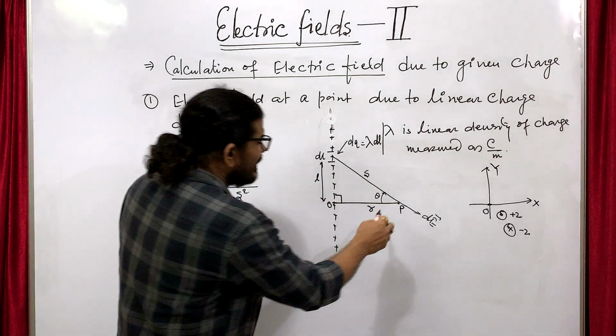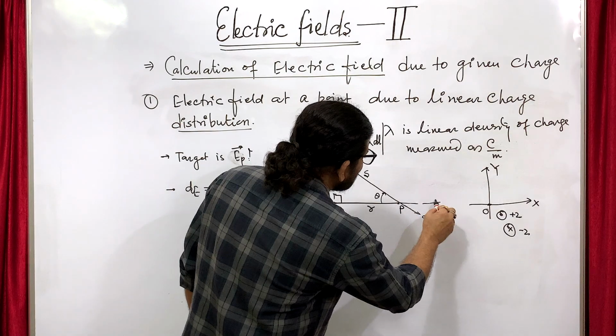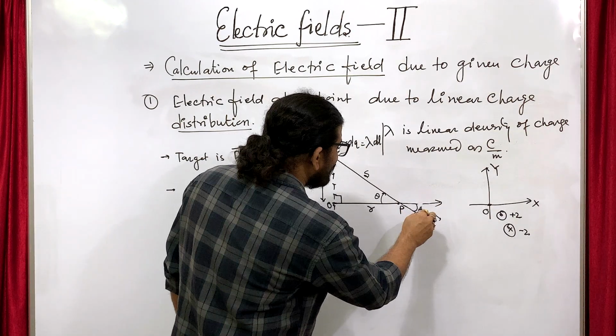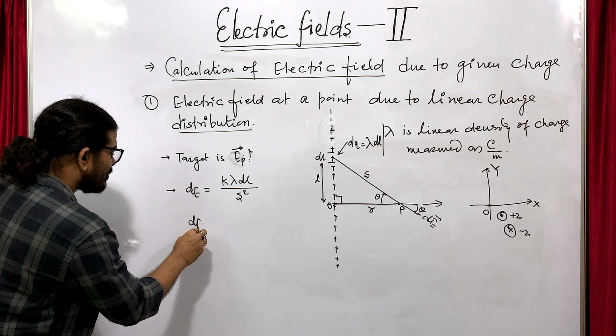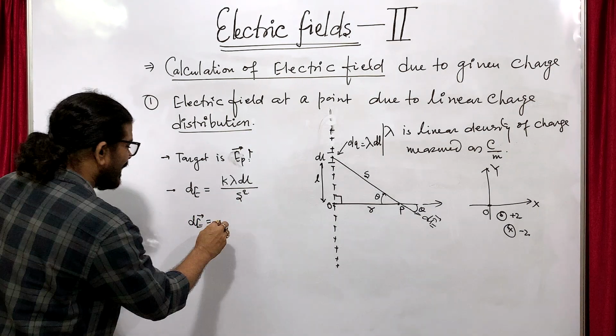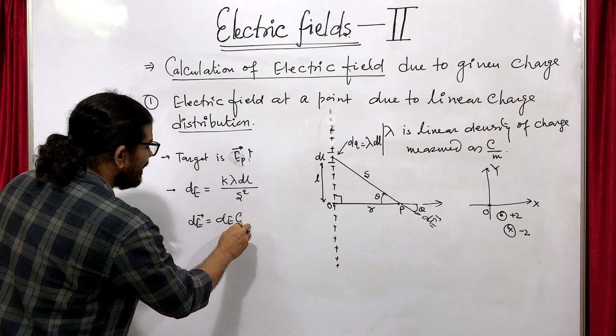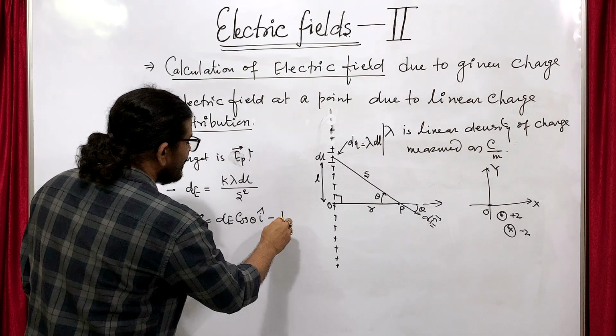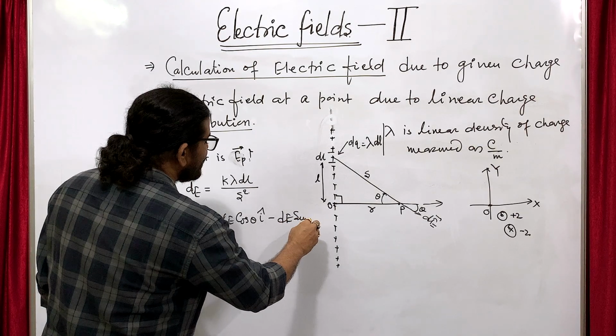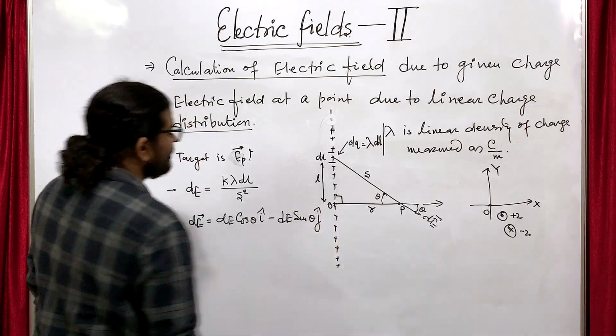If you extend this, this will also be theta. So dE vectorially can be written as dE cosine of angle theta i cap minus dE sine of angle theta j cap.